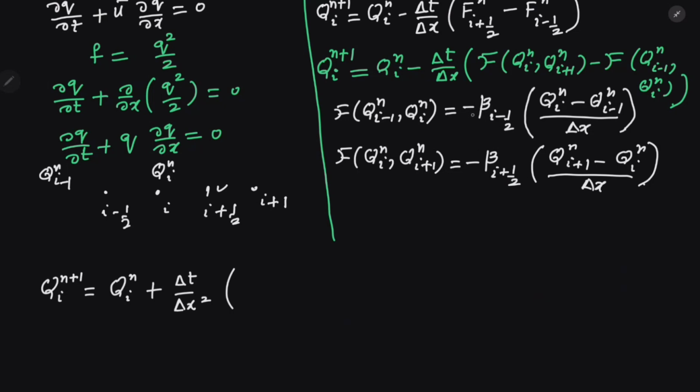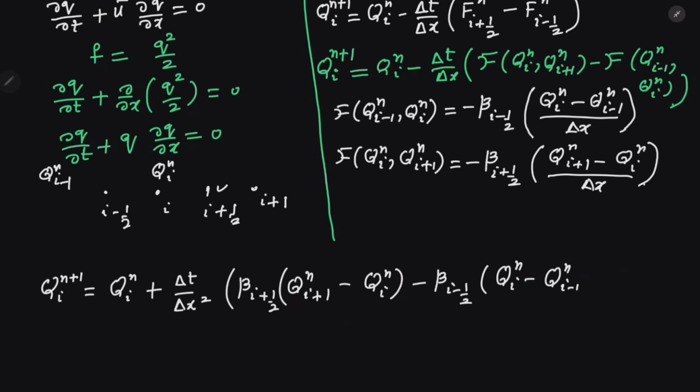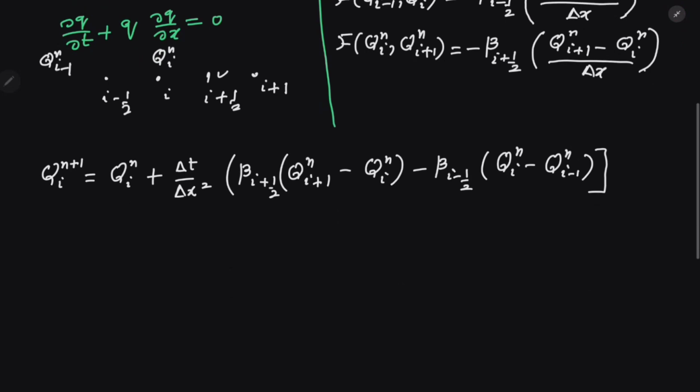Since it is negative, we take the negative as common and we solve it. So we get beta i plus 1 half times q n i plus 1 minus q n i, minus beta i minus 1 half times q n i minus q n i minus 1. So this will be our formula for the diffusion problem.